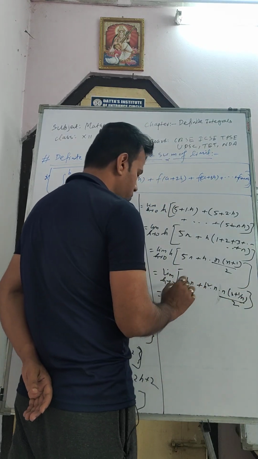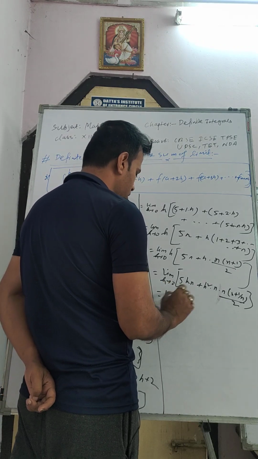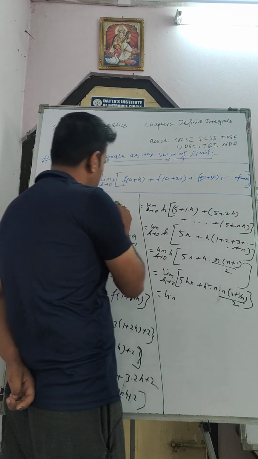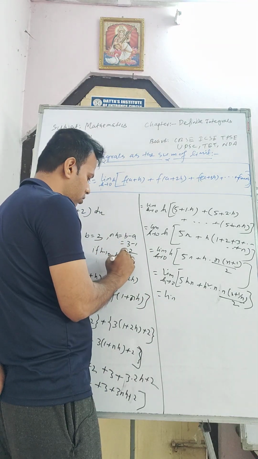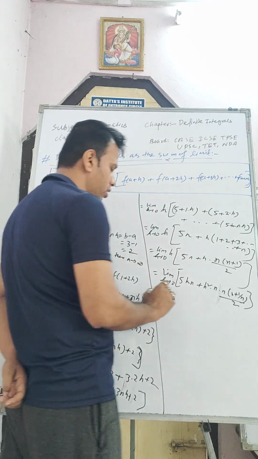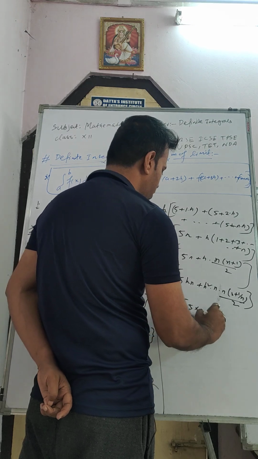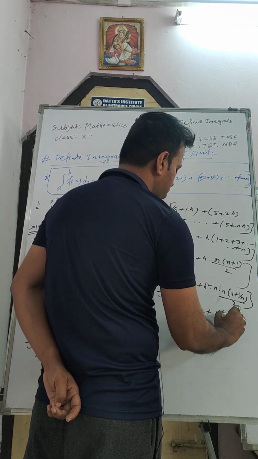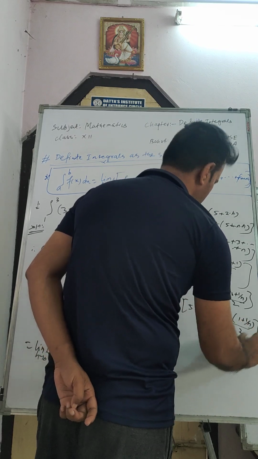So nh is what? If h tends to 0, then n tends to infinity. So it will be limit n tends to infinity, 5 into 2 plus n square h square into (1 plus 1 by n) by 2.